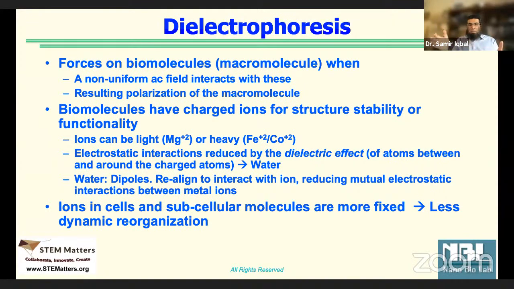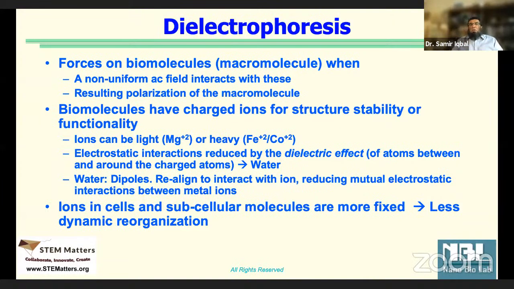Negative to positive electrode. The capability of polarization results in some of those cells or bacteria moving a certain distance more than others. And that can be used to identify or separate out those things.